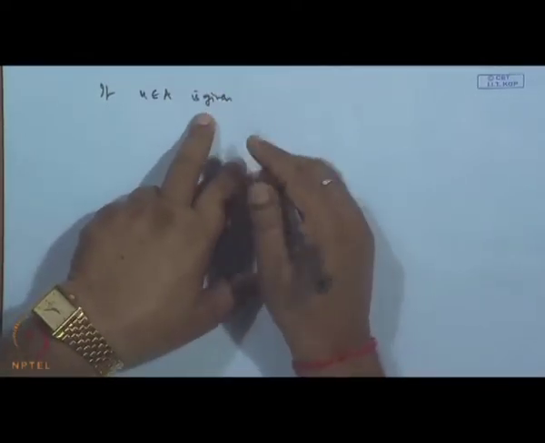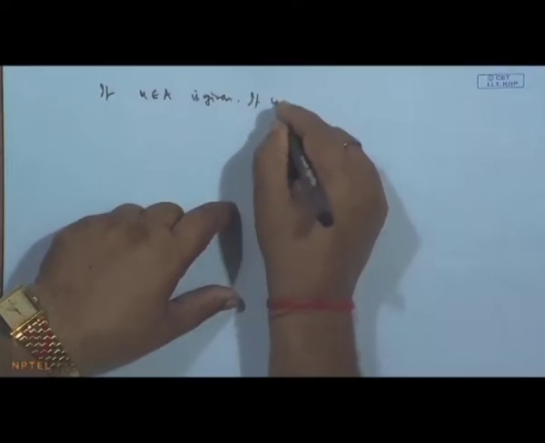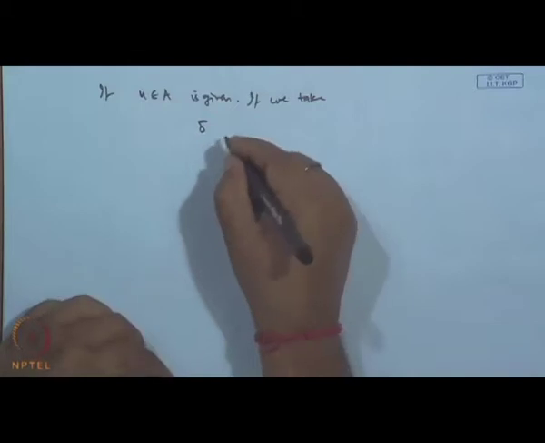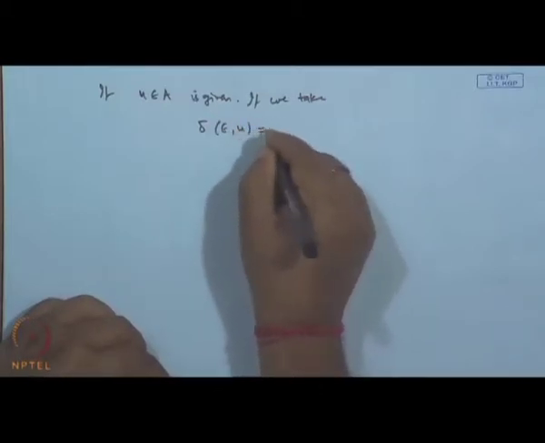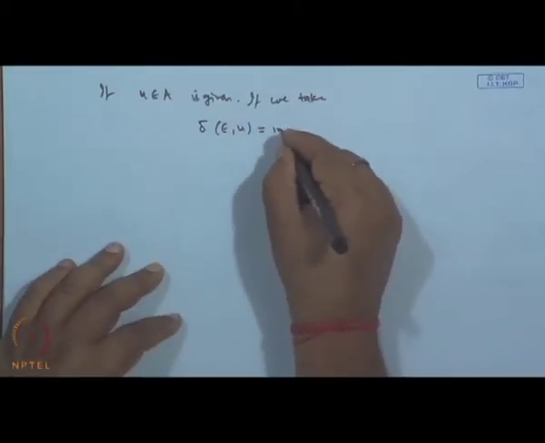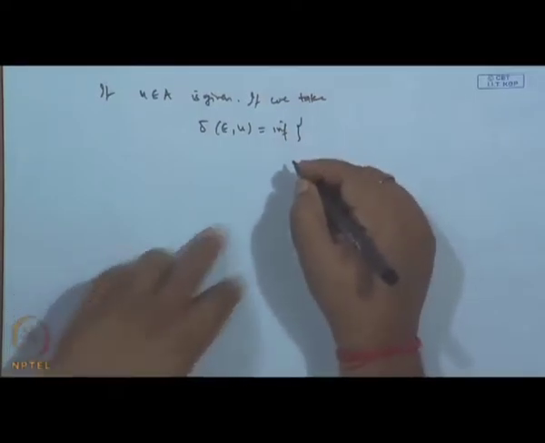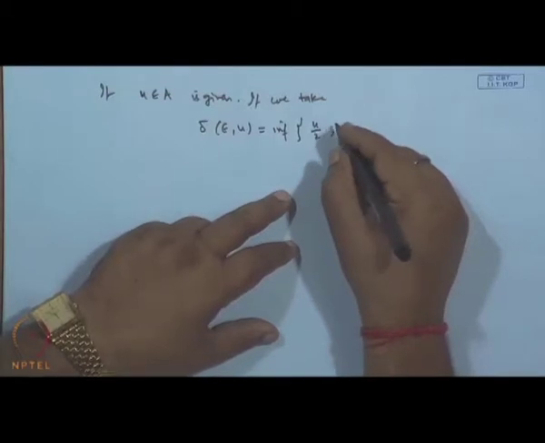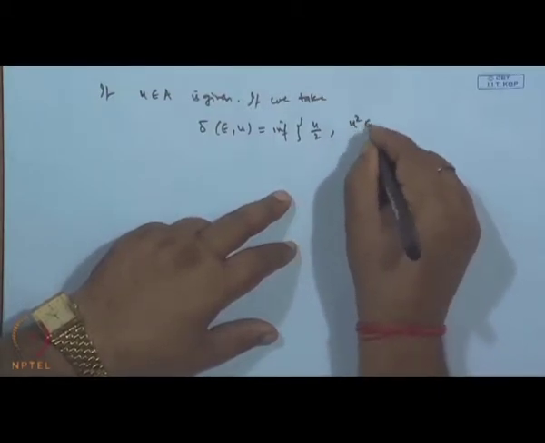So, if we take delta, which depends on u, as the infimum of u/2 and u squared epsilon by 2.